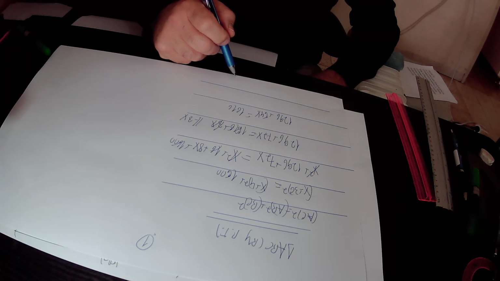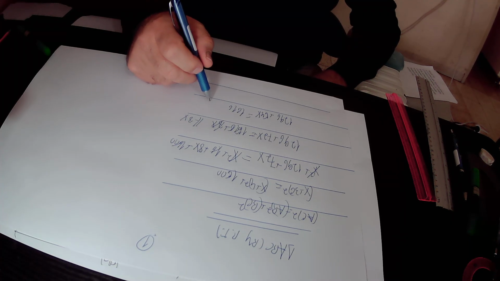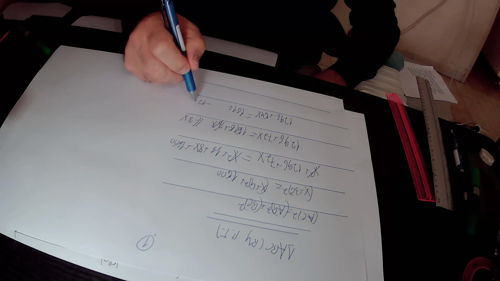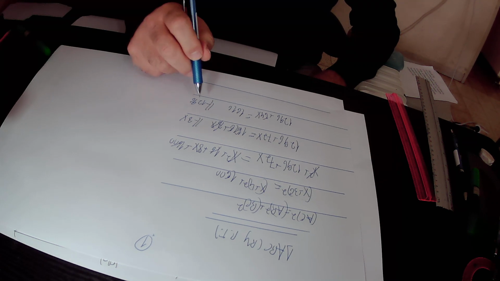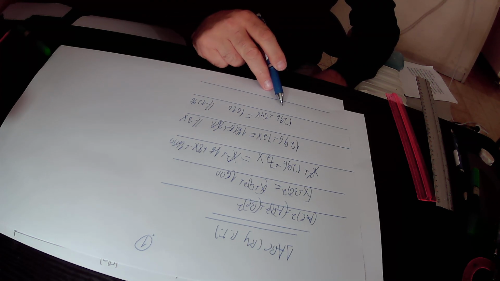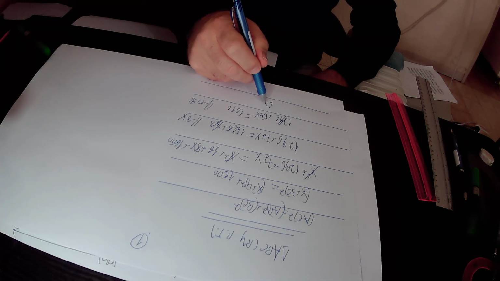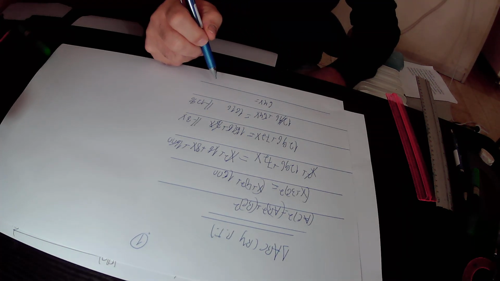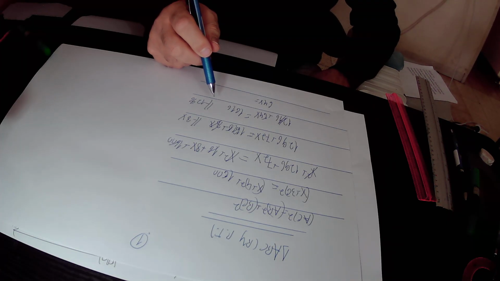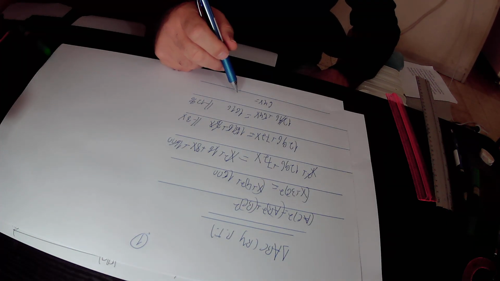Here we subtract 1296 from this equation. On one side, 1296 will get cancelled, and we are left only with 64x. On the other side of the equation we have 1616 minus 1296, which is 320.